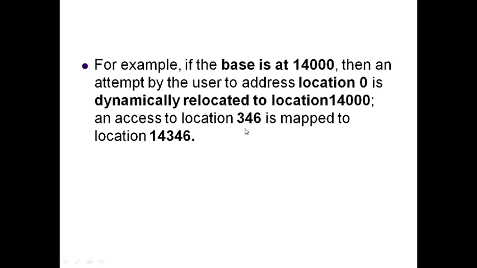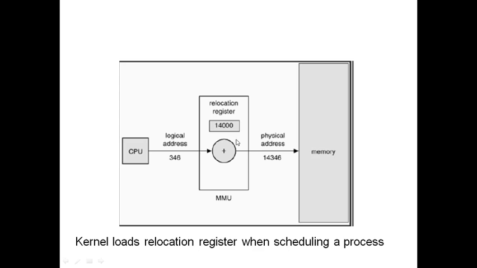So basically every address generated for the process will be added to the base address to get the actual address. This is how it's being done. So there is a relocation register through which you convert the logical addresses into physical addresses before accessing the main memory, and the one that is doing this process is called the memory management unit.